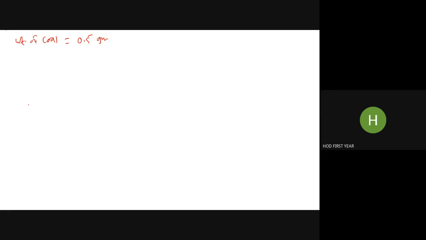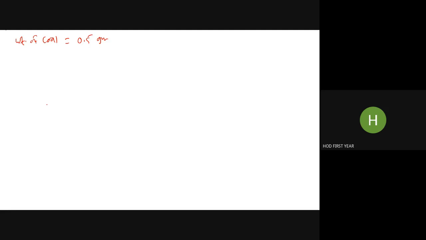Calculate the percentage of sulfur. I repeat, 0.5 gram of coal sample was burnt in bomb calorimeter and produced 0.06 gram of BaSO4. Calculate the percentage of sulfur.